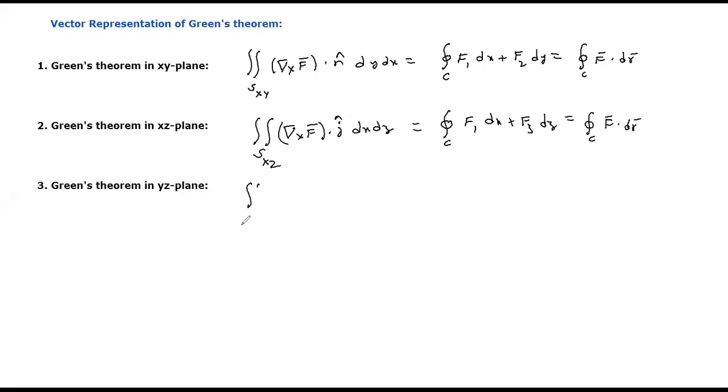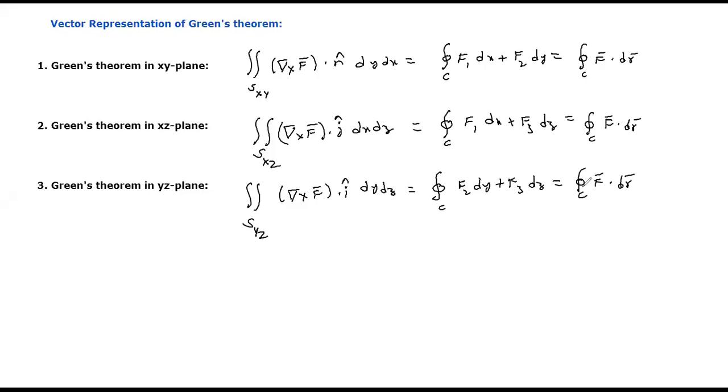Last one is integral over Syz curl f bar dot i bar, yz means dy dz, equal to integral over C f2 dy plus f3 dz equal to integral over C f bar dot dr bar. Any questions? So these are the three versions of Green's theorem. In exams, you may be asked to write down Green's theorem in the yz plane, or Green's theorem in the xz plane. Then you write down this vector representation.